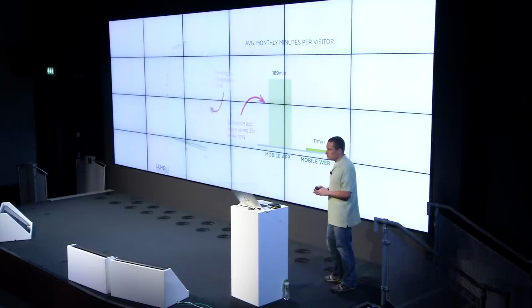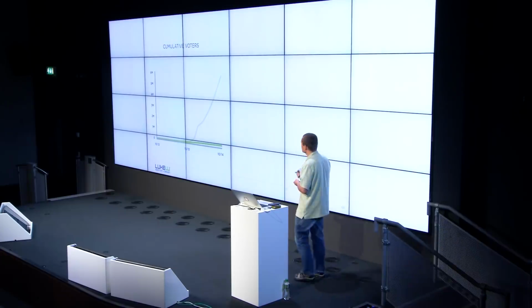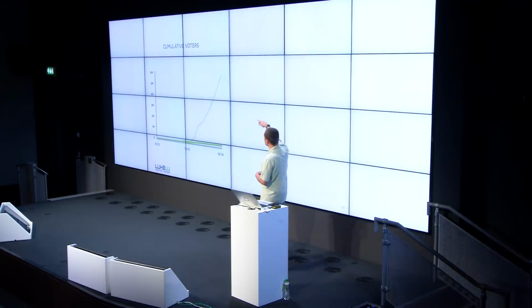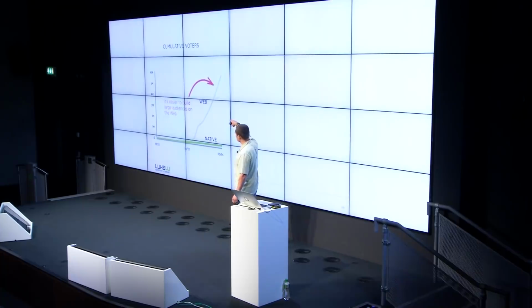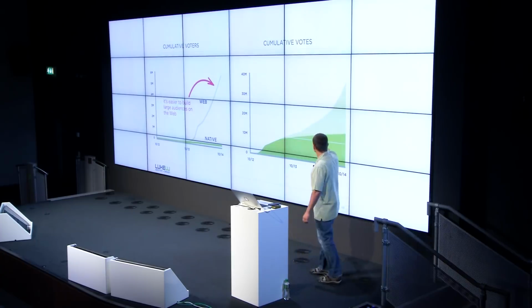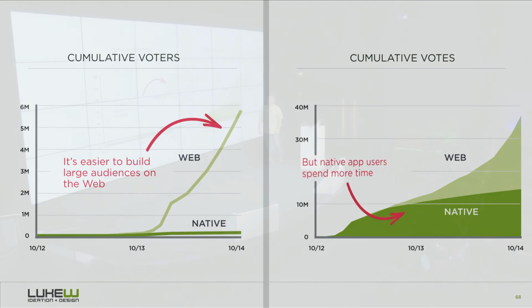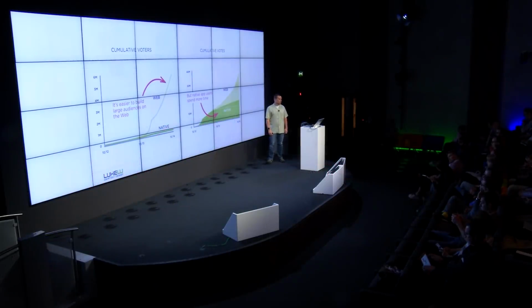And so we saw this contrast vividly when we did our last startup. What we basically saw is when we reached unique users, right, we were able to reach a ton of new users on the web. But when we looked at how active those users were, despite reaching that many more people, look at the volume of stuff that small amount of people did on the entire platform, right? So native users, much more engaged, spend more time.